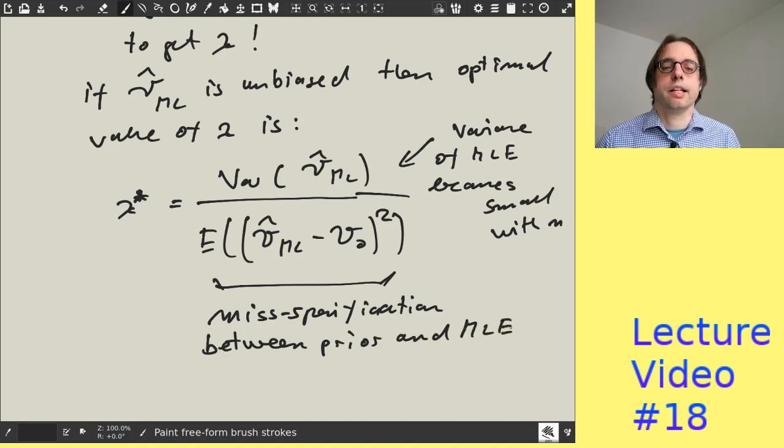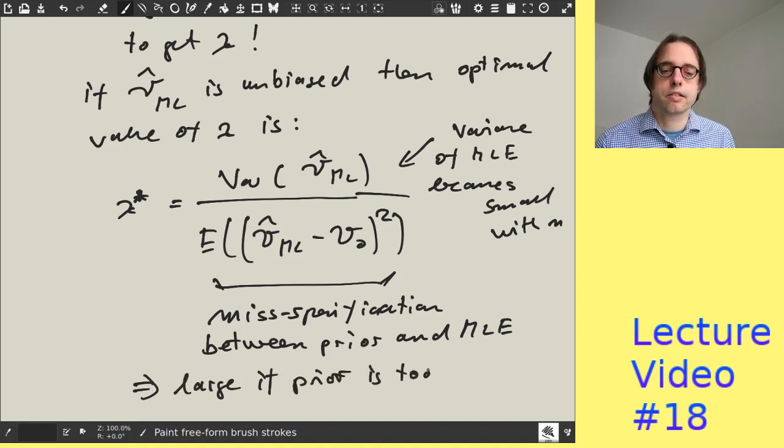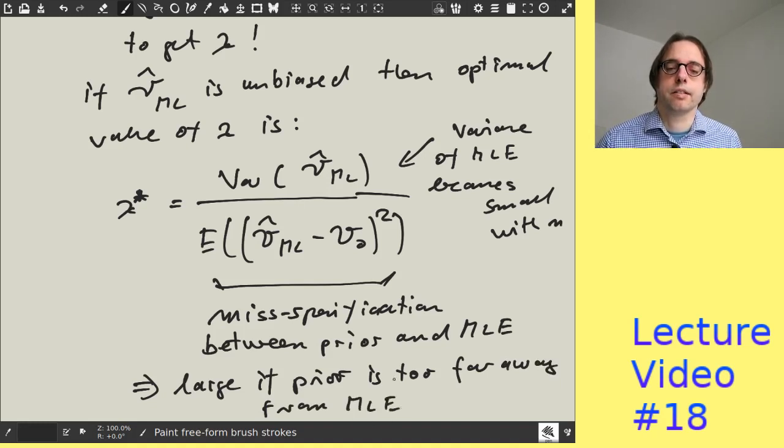It is large if the prior is too far away from the MLE, which is good because the MLE is what we get from the data.